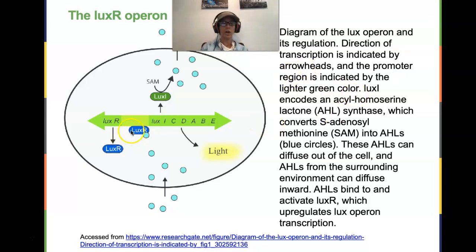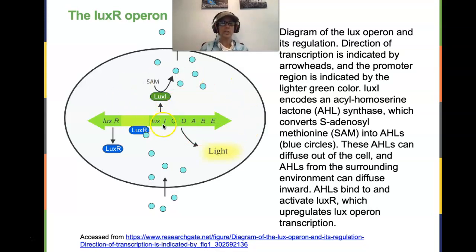So LUX-R protein binds to the promoter region. That allows the RNA polymerase to bind to the DNA, and then that will transcribe all of the other genes in the LUX operon. If they get transcribed, they will get translated.